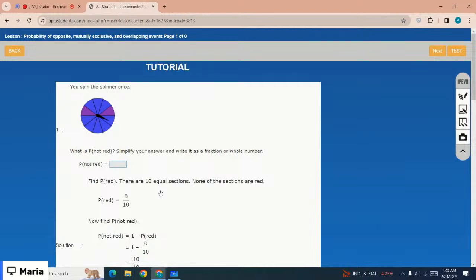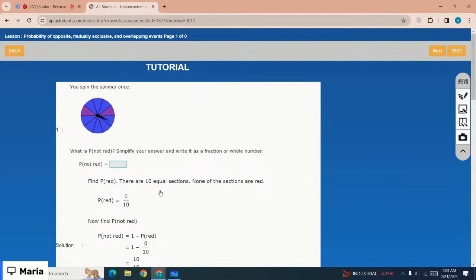You spin the spinner once. What is the probability of not red? You can see there you have 10 sections on the spinner, and none of the sections are red. So the probability of red is 0 out of 10 because no portion is red.